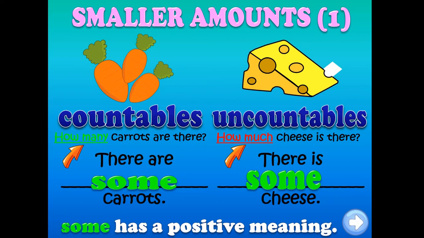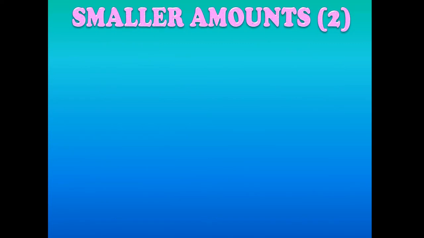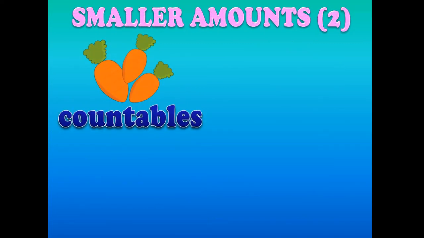And when you talk about counted nouns, use there are. And when you talk about uncounted nouns, use there is. There is some cheese. There are some carrots.